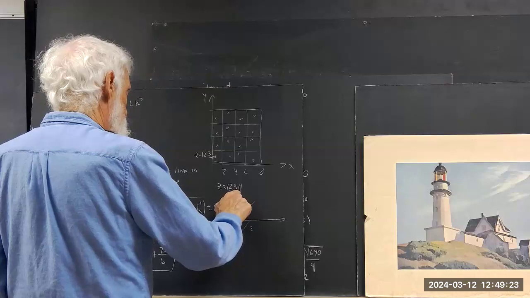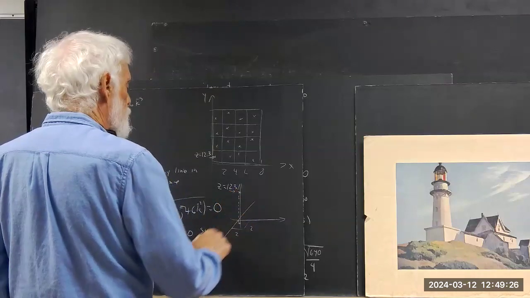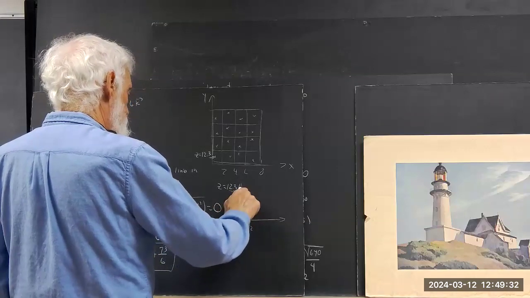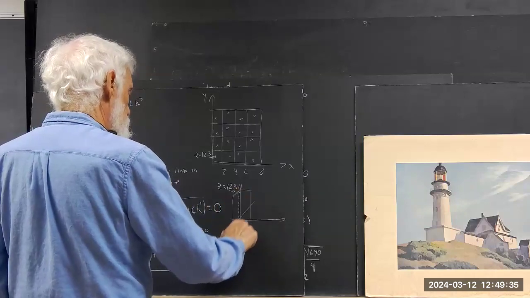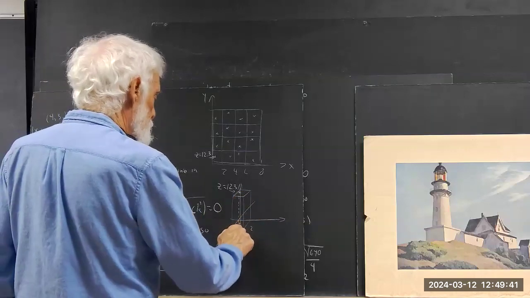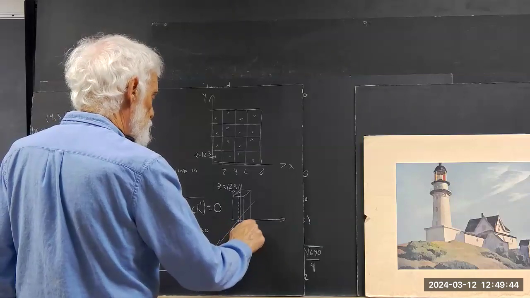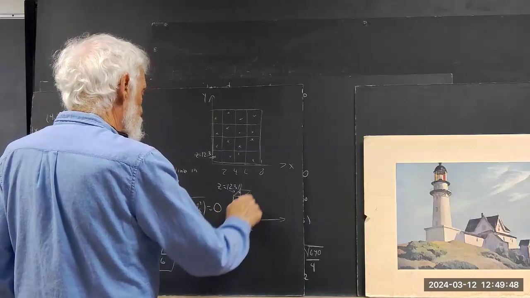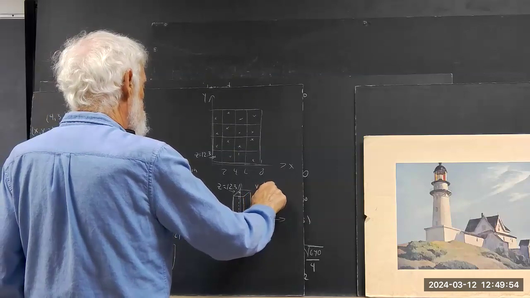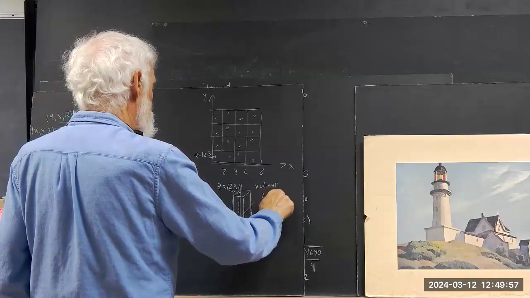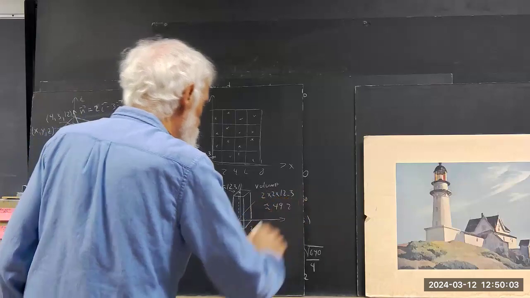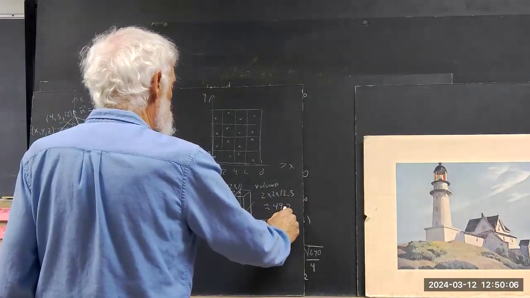And then I simply, so now I've got this rectangular region with dimensions two by 2 by 12.3, which gives me 49.2.